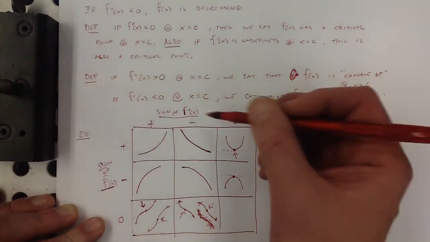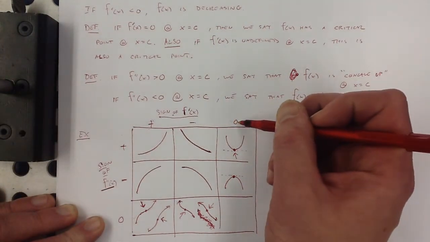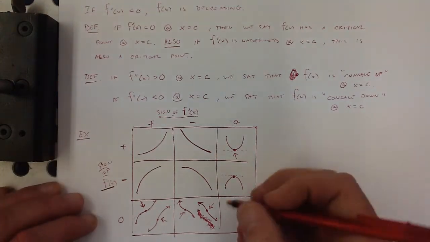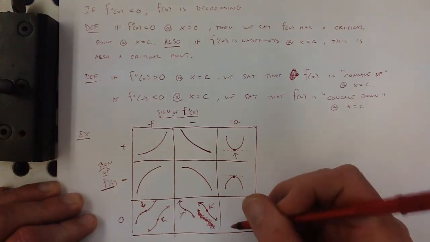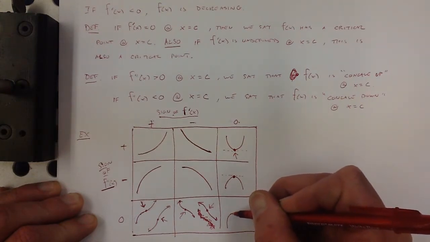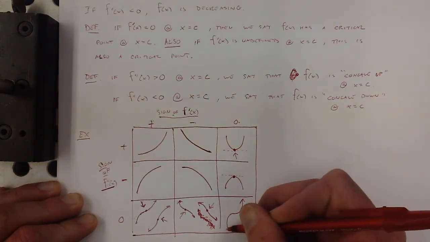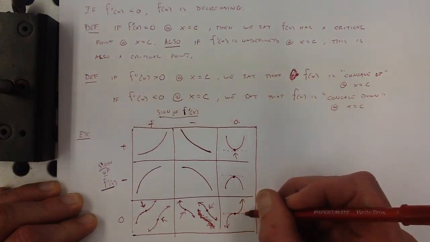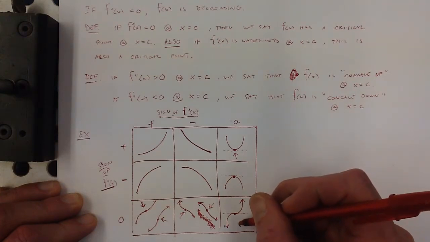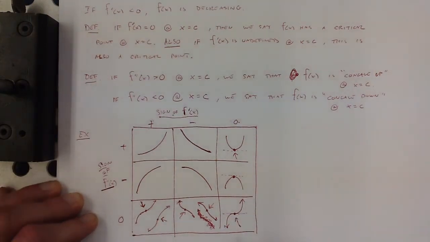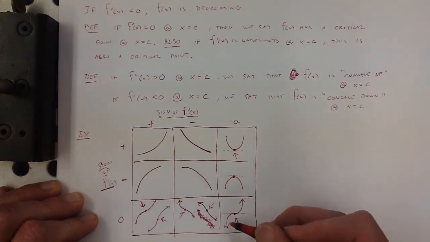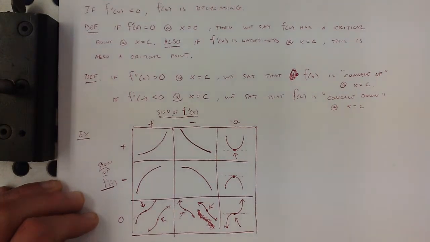And here, how about a place where the first derivative is 0 and the second derivative is also 0? There's different possible examples of this, but I think maybe one of the most instructive ones would be something like this, like the x cubed function, where we've got, right here, a place where there's a horizontal tangent line, so the slope would be 0, and it's also changing from bending down to bending up.